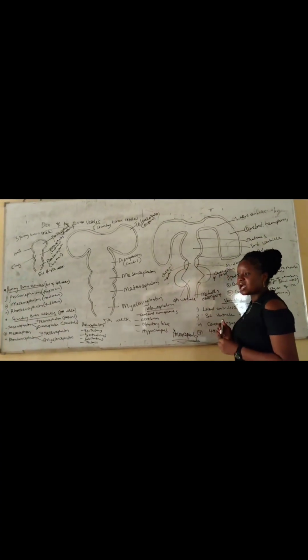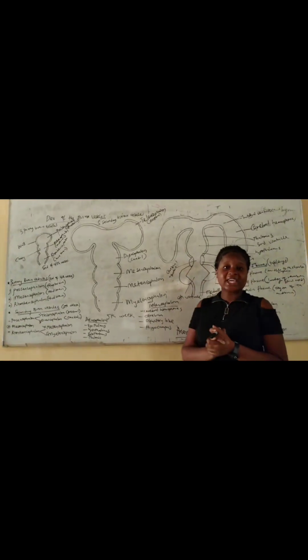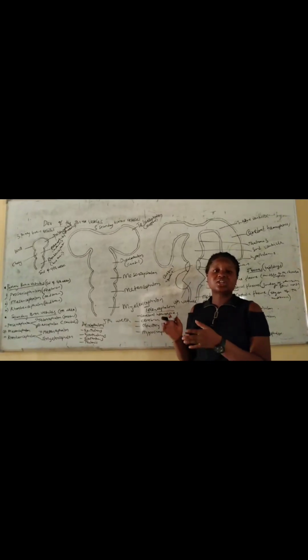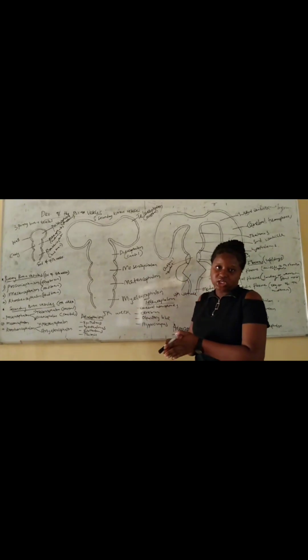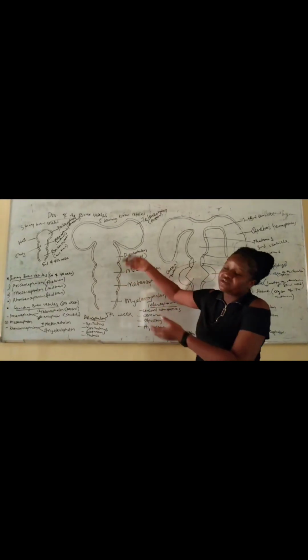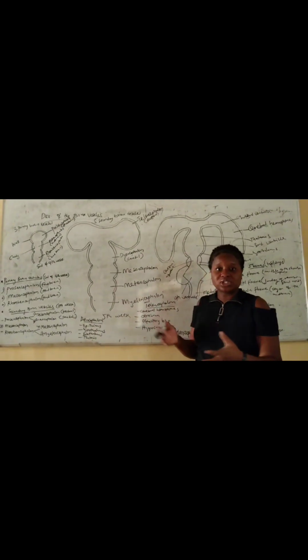anencephaly. So what happens in anencephaly? This is a situation whereby the cranial end of the neural tube of a neonate refuses to close at the end of the 4th week. So remember when we said how the brain develops, that at the end of the 4th week, the cranial end of the neural tube begins to form dilations.